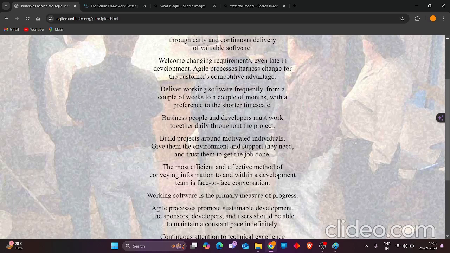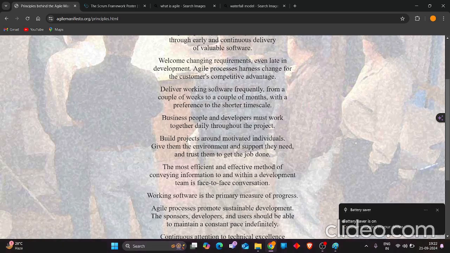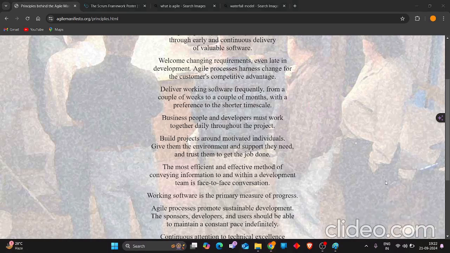Fourth principle: business people and developers must work together daily throughout the project. Business people and developers should work together. They should hold meetings and do the work together. Only then could the project be possible.